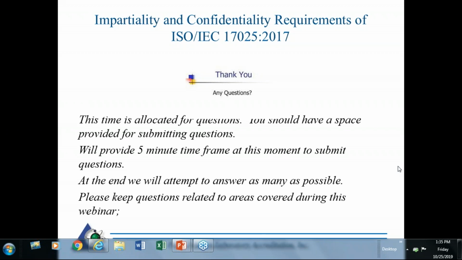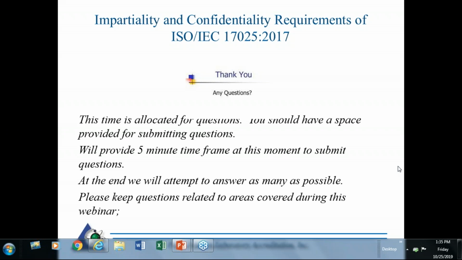What are some examples of documenting impartiality? Can it be as simple as a signed agreement? It can, if you're a small organization, where employees sign off on it. Like I said, it's more of an ongoing basis now.